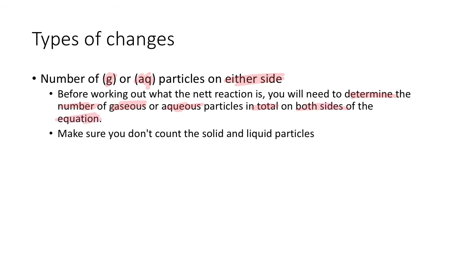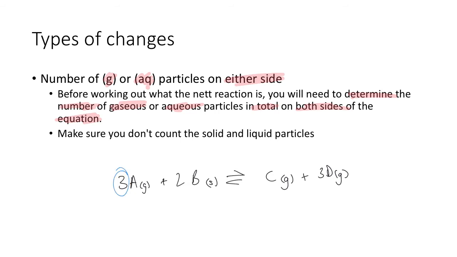If I have a reaction like 3A gas plus 2B solid goes to 1C, well, it wouldn't really be a 1, would it? C gas and 3D gas, and that's an equilibrium system, and then there was some sort of change in the volume. You would need to count how many particles there are.